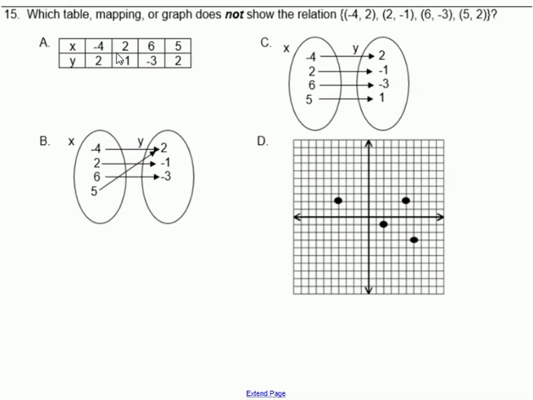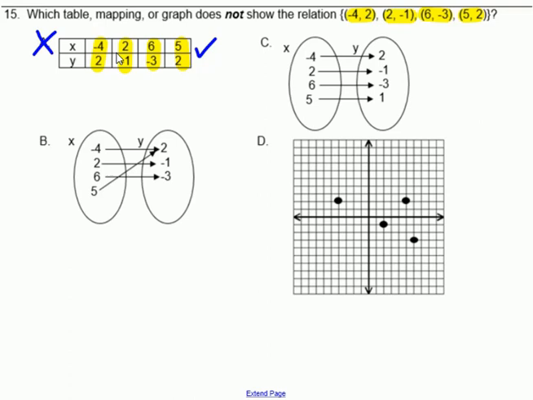Okay, so let's start with our first ordered pair, negative 4, 2. We can see in our table in answer A, negative 4, 2 is one of the points, and that's listed correctly. 2, negative 1, 6, negative 3, 5, 2. Those all look good, but we're looking for which one is not that same relation.